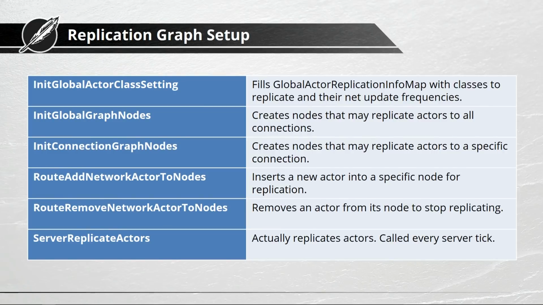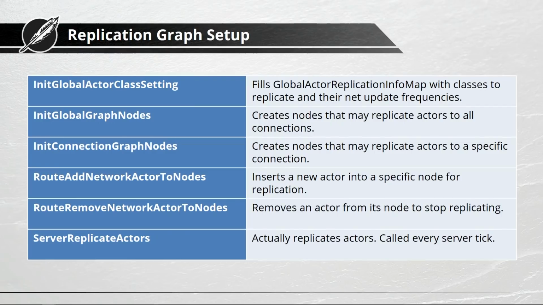This one is called for each new connection made to the server, and is used to determine which actors should be relevant per connection. Think stuff like the player controller, for instance. The player controller is only ever replicated to one of the connections, and this goes to these kinds of nodes.